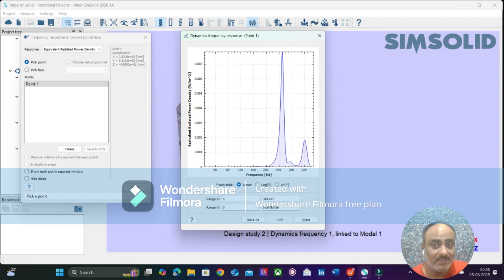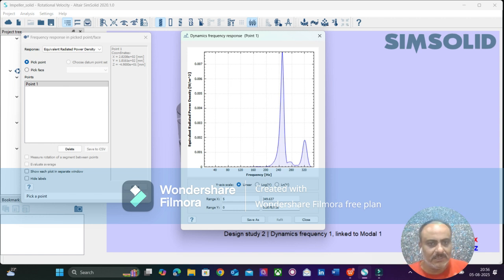Fatigue life can also be found, and then we have the SN curve, different types of fatigue cycles, different formulations for predicting the fatigue life. And we also plot all the parameters put together, which is called the rainflow matrix. So that we will see in detail in the next video.